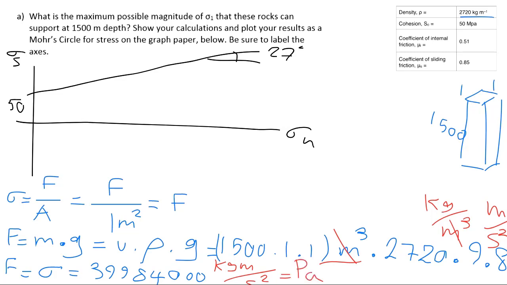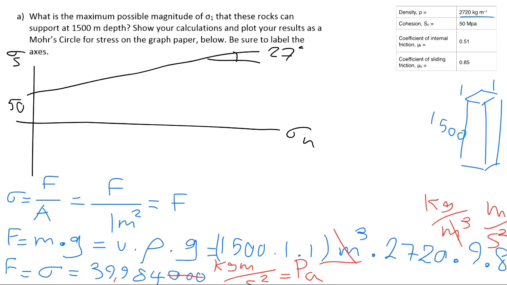So I need a megapascal for this, or you can think I have a large number like that, so how can I simplify this? If you divide this value by 1000, it's going to give you kilopascal, and if you divide by another 1000, it's going to give you megapascal.